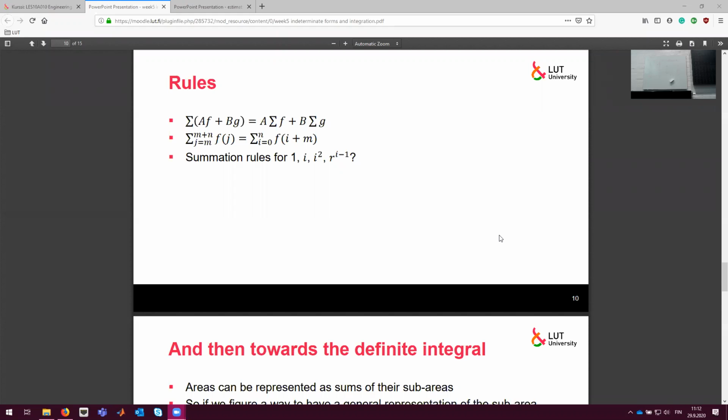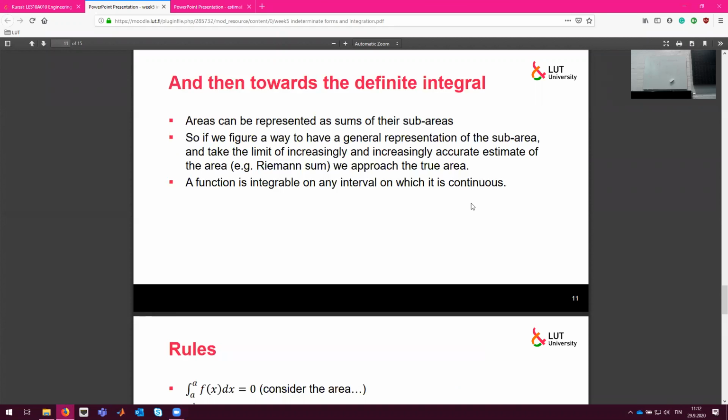And in a similar way we could probably develop rules for integrals as well by reducing the area. One way to calculate areas is to take sums of the sub-areas, which is the way we are traditionally going towards the definition of the integral. So we had this earlier, that the Riemann sum would be the average height of the interval times the length of the interval.